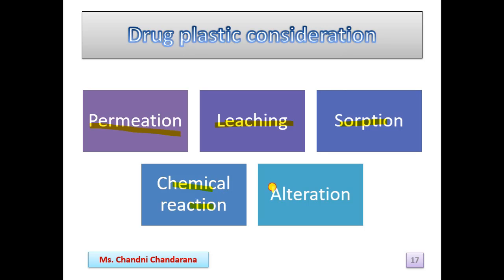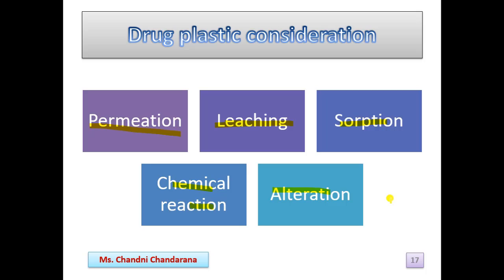Then alteration, or modification. The physical and chemical alteration of a packaging material by the drug product is called modification. Some solvent systems are found to cause considerable changes in the mechanical properties of the plastic.